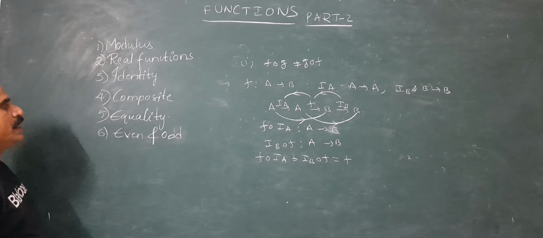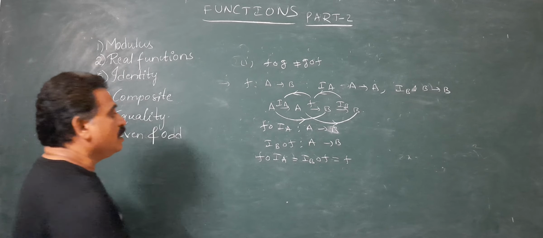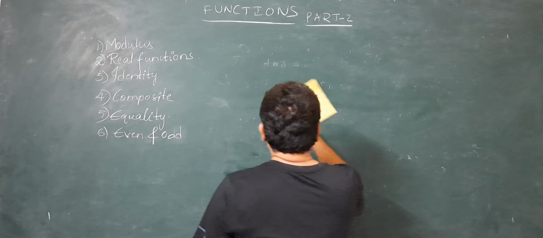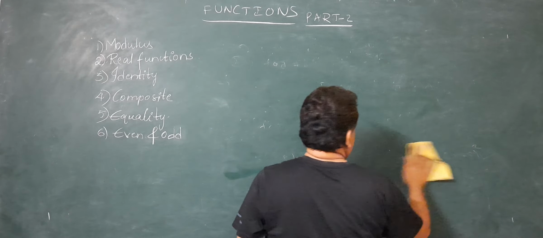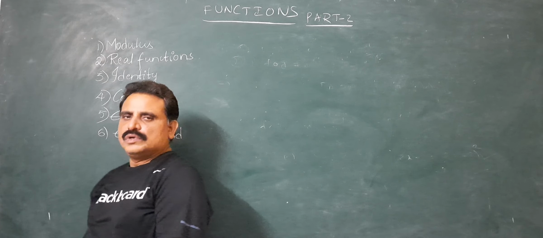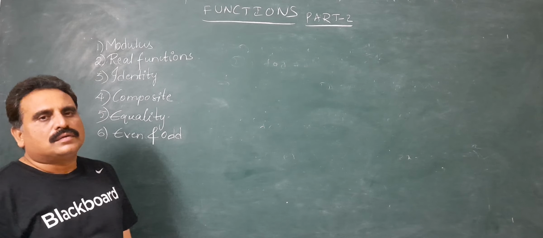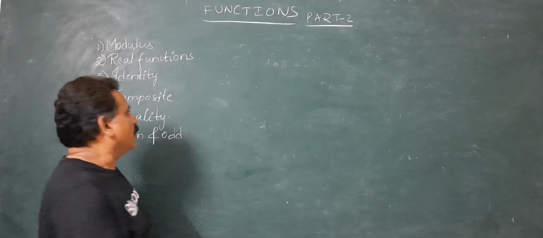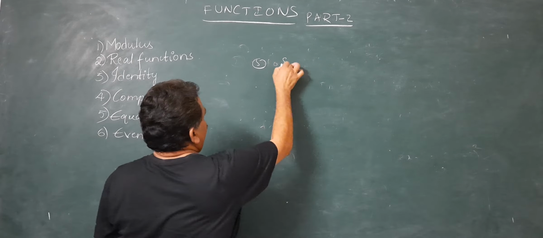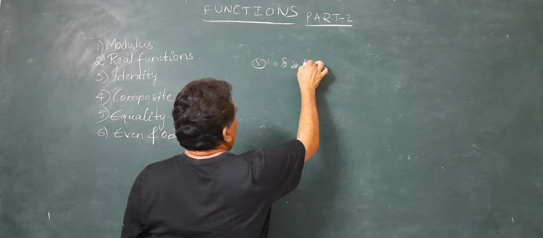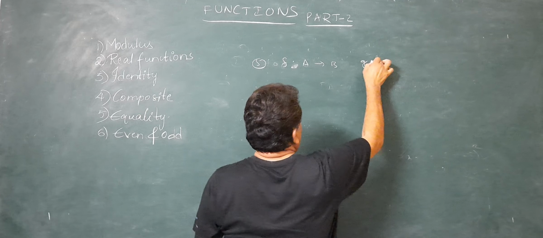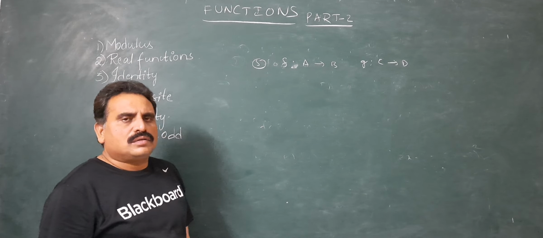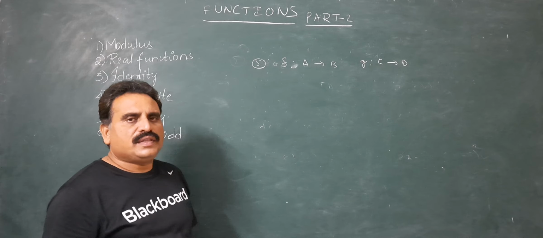Now we are going to the next point, that is equality of functions. Equality of functions is very important. That concept is used in very standard formulas, very important formulas in board exams. Equality of functions is the fifth point. F mapping from A to B and g mapping from C to D. F and g are said to be equal if they satisfy the conditions.